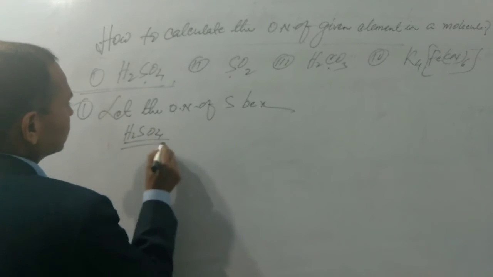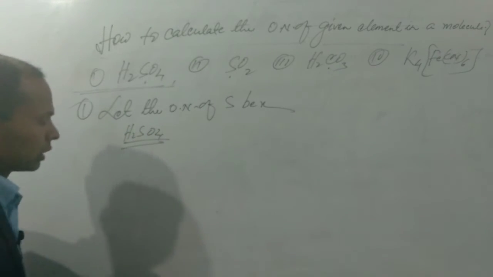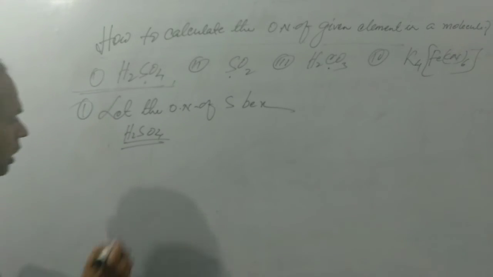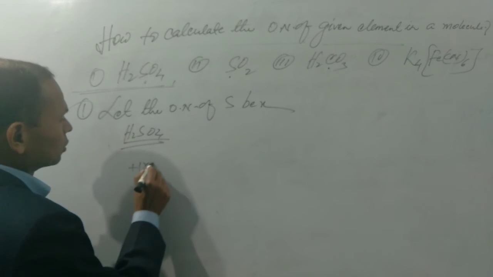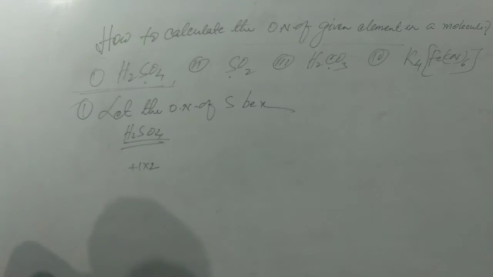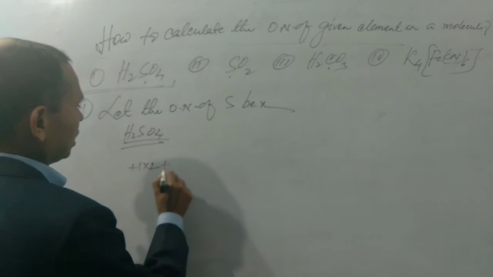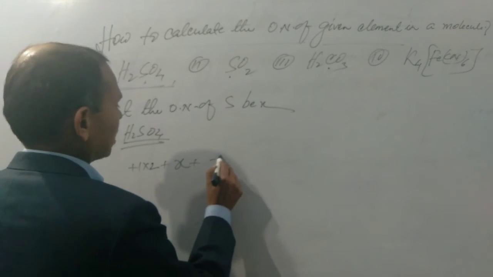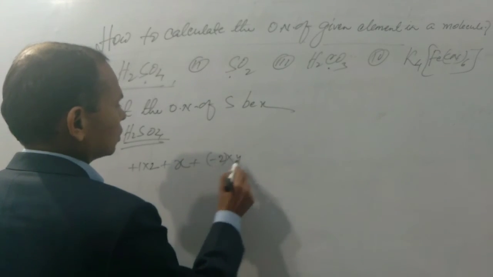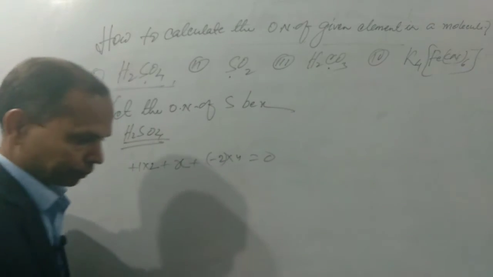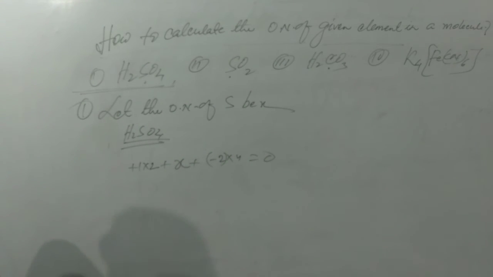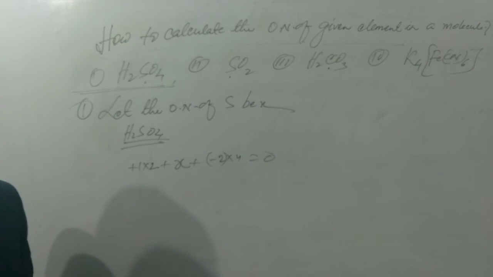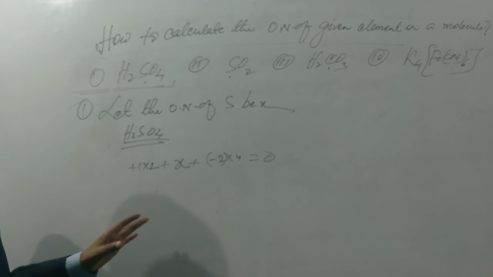This is H2SO4. In combined state, the oxidation state of hydrogen is +1, so +1 into 2, because 2 atoms of hydrogen are involved, plus X plus -2 into 4 will equal 0. In sulfuric acid, we have to calculate the oxidation number of sulfur.